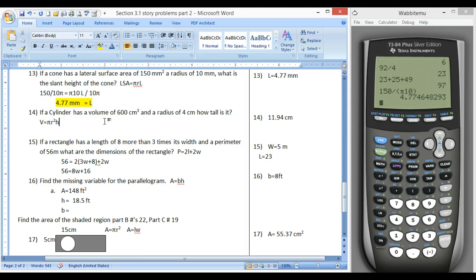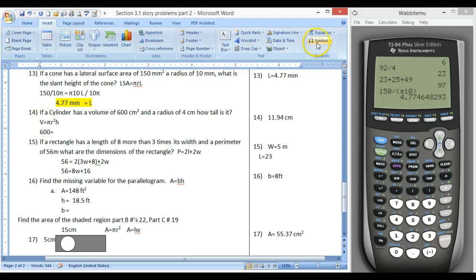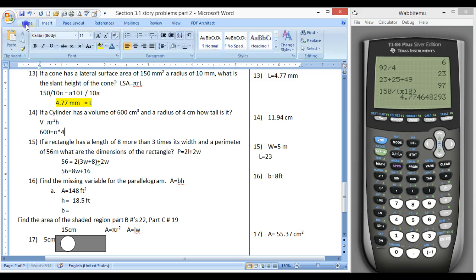Okay, let's move to the next one. If a cylinder has a volume of 600 centimeters cubed and a radius of 4 centimeters, how tall is it? Okay, so here's my formula for volume of a cylinder, and I'm just going to throw what I know in there. The volume they told me is 600 equals pi times the radius, which is 4 centimeters, so 4 squared, times h.